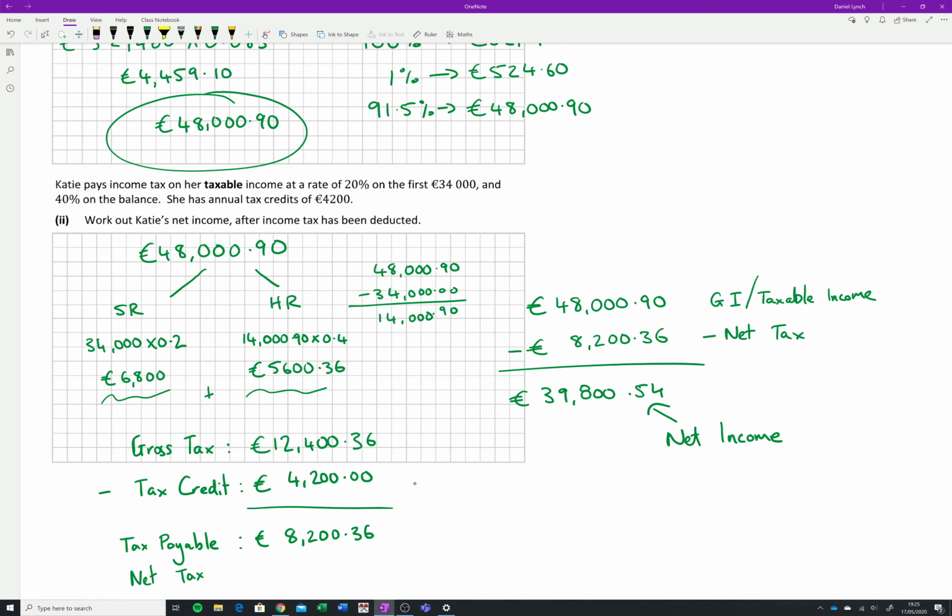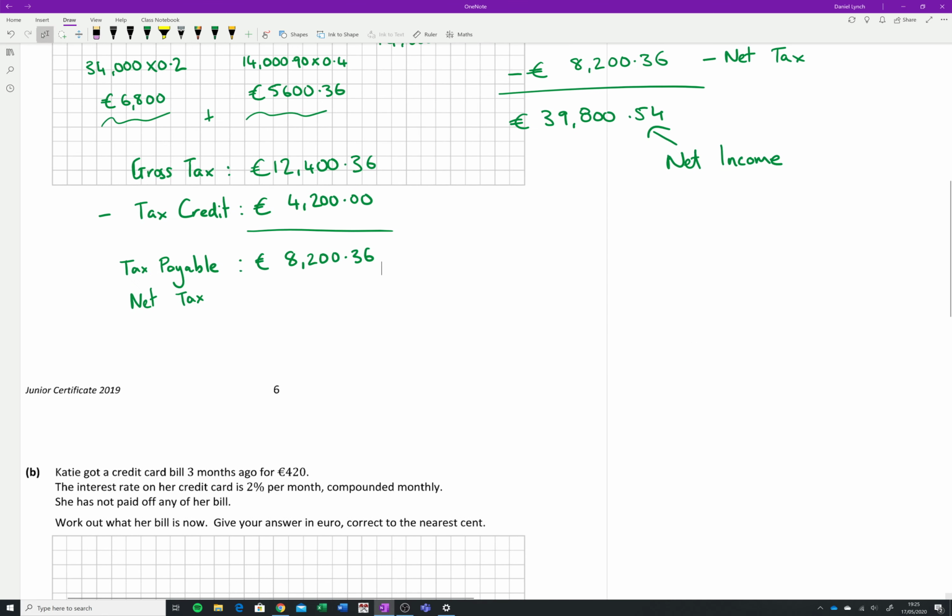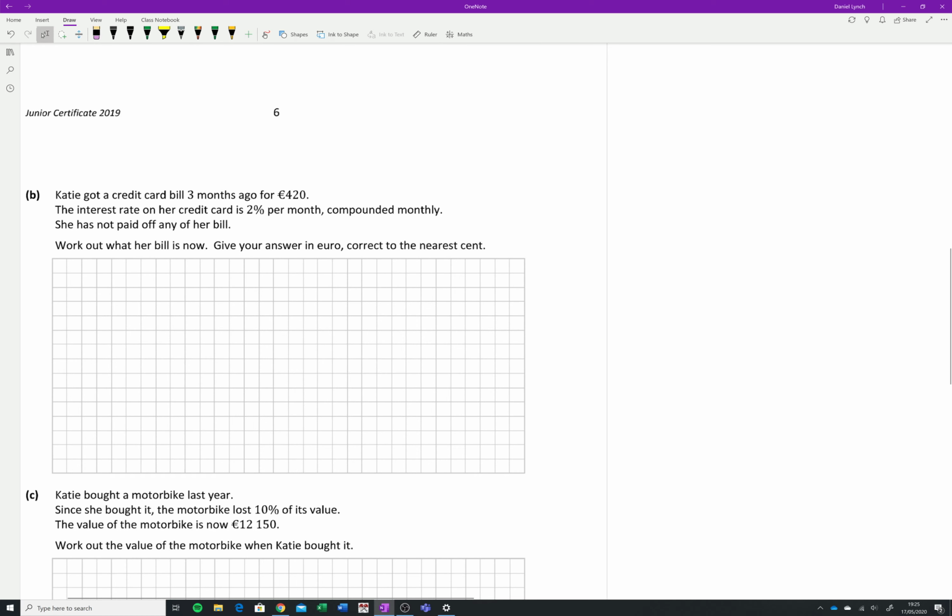So you take that away from that amount there, like we did, and that is her net income. Okay, so she's obviously on a more than decent salary, but if you want to know how much that would be per month or so, that would be about 3,300 going in. Okay, so that is how the tax system works.